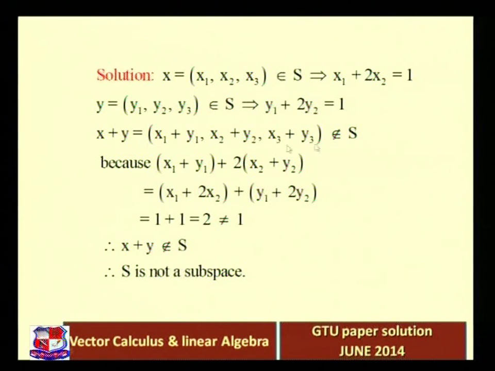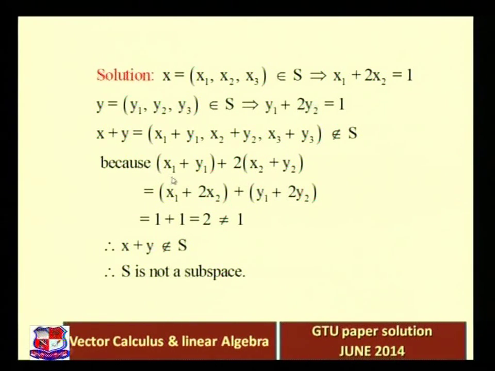Why does this x plus y not belong to S? Because to prove that x plus y belongs to S, we have to check that the first coordinate plus 2 into second coordinate is equal to 1.